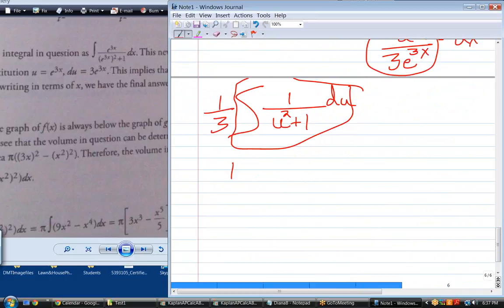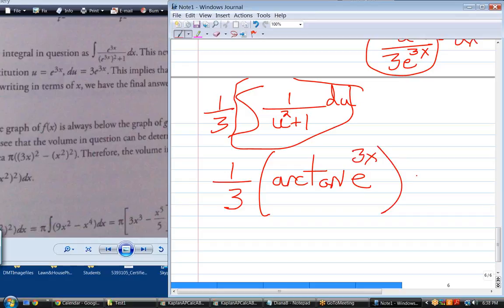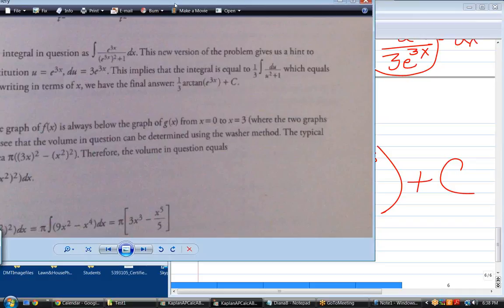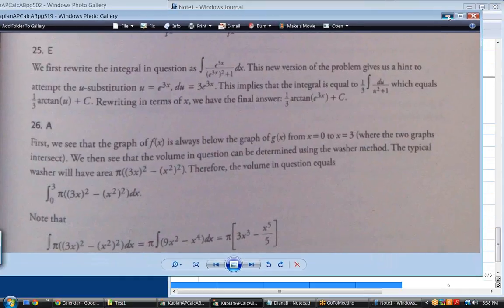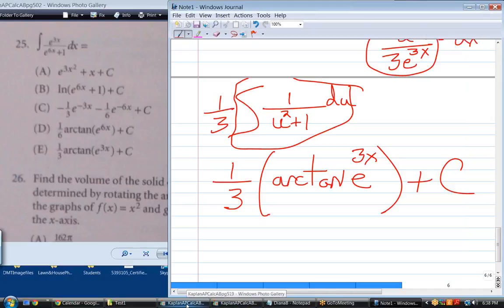So my answer is 1/3 arctan of u, but u is e to the 3x, so I'll resubstitute, plus c. And that answer is E.